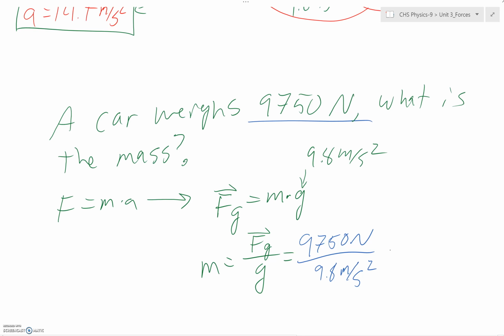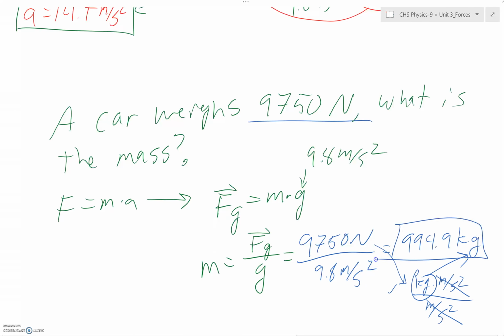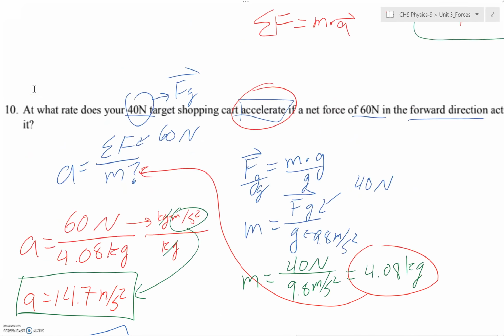I do 9,750 divided by 9.8, and that gives me 994.9. Mass should be kilograms, but if we double check, a newton is the same thing as kilograms times meters per second squared, divided by meters per second squared. The meters per second squared go away, and I'm left with kilograms, as if I did the right thing. So this would be basic, and this would be meets.